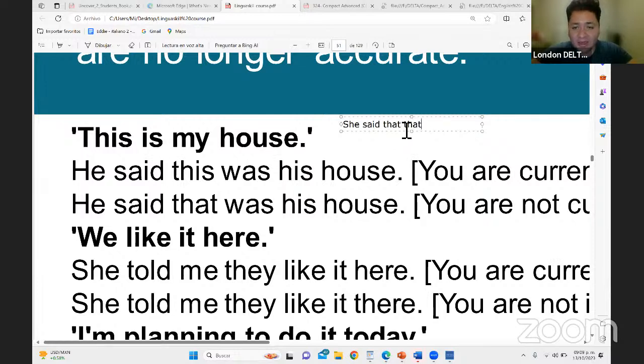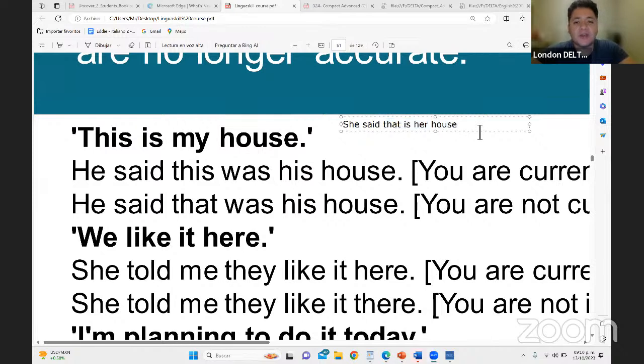Ella dijo que esa o aquella era su casa. ¿Okay? Incluso no es necesario cambiar a was. You can write, she said that is her house, porque pues todavía es su casa, no ha dejado de ser su casa. Entonces, el cambiar el is por was también sería opcional. It's like, but in very formal English, en inglés muy formal o en inglés escrito, intentaremos como utilizar siempre action. Ya en el inglés conversacional no importa mucho. ¿Ok? She said that is her house. Entonces, bueno, puedo eliminar este that porque es mucho, son 2 that's, right? She said that is her house.